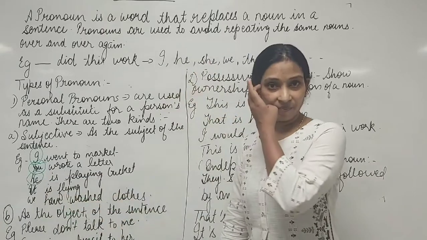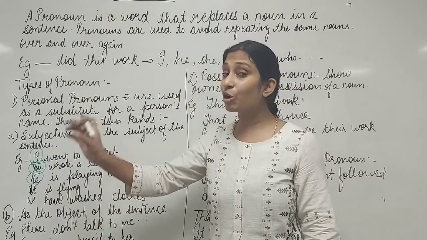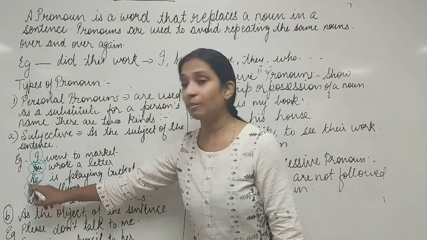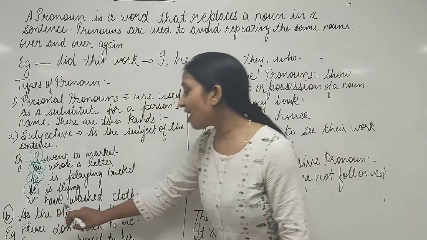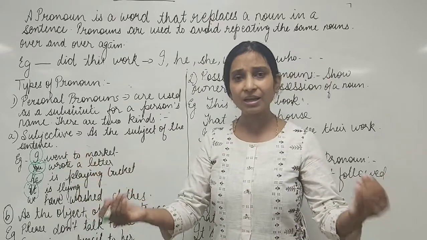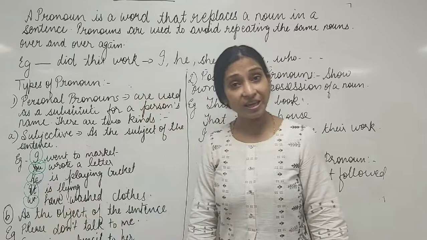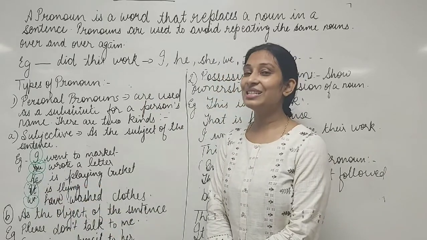It is flying. Okay, any bird. Bird is flying. Instead of bird, what have I used, children? It. Clear? And it has been used at the beginning of the sentence. We have washed clothes. I could name a few people, but instead of naming those people, I have used the pronoun we. And we has been used at the beginning of the sentence.